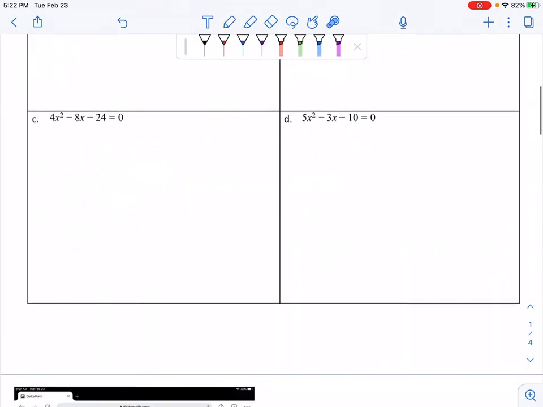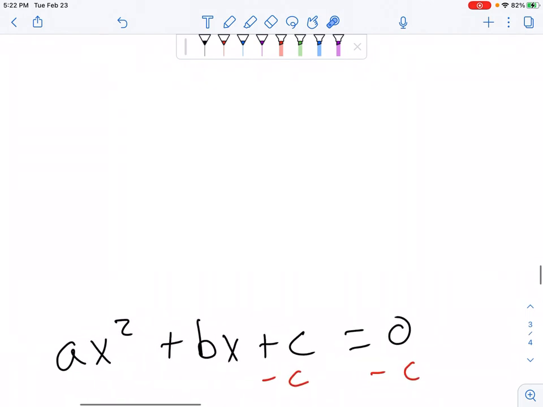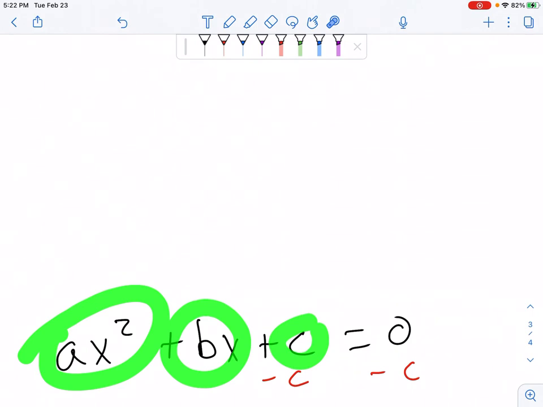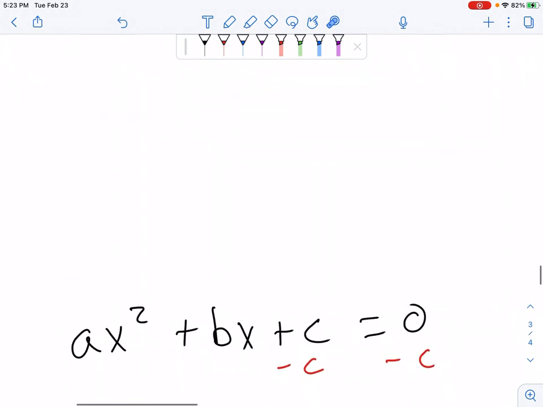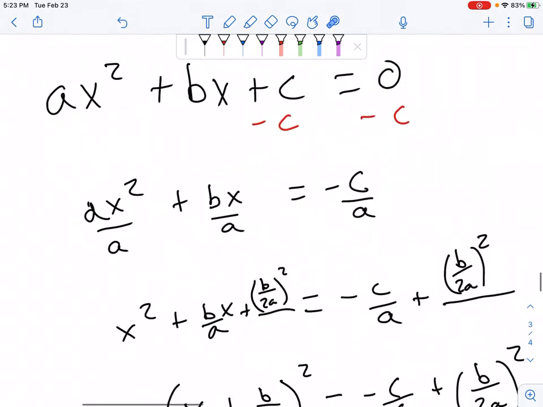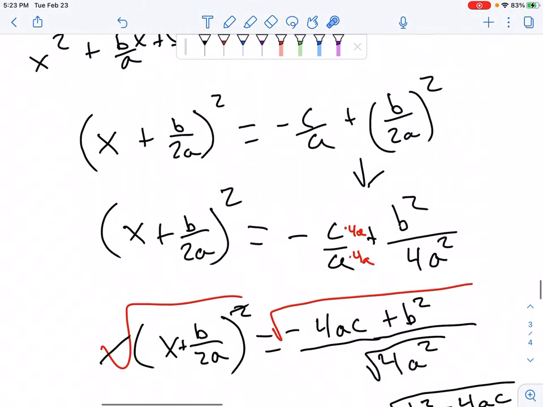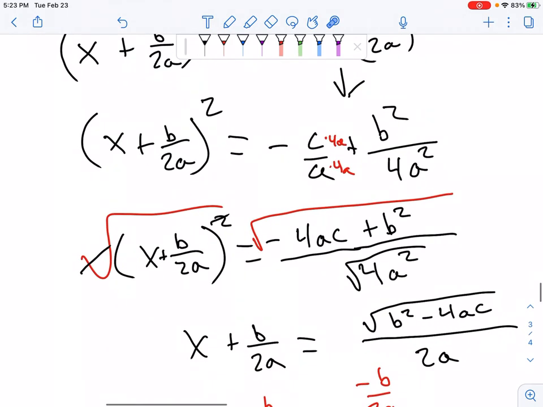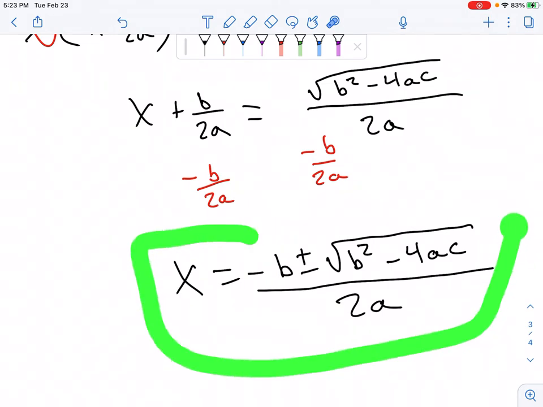So hang with me here. If we have standard form, which is ax squared plus bx plus c, these are our a's, b's, and c's. And if we were to go through and mathematically complete the square without using any values, we would have to look at all of this math. We would do all of this math to get x by itself, and it leads us to this formula.